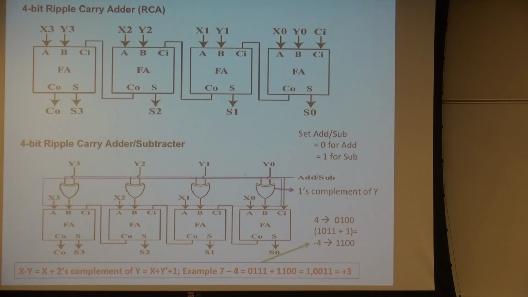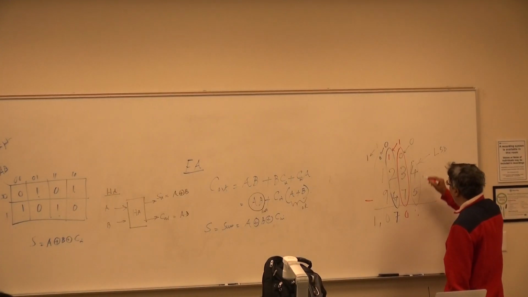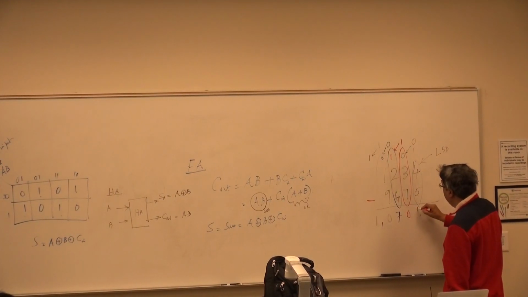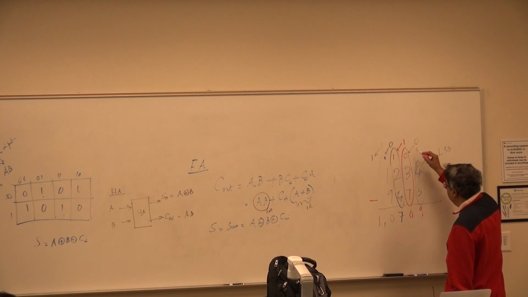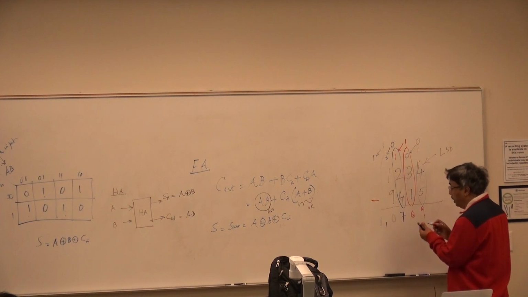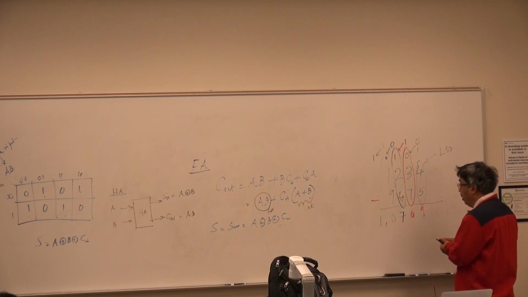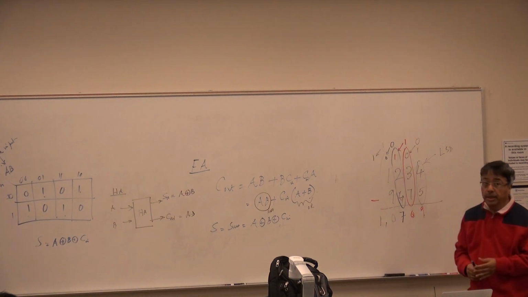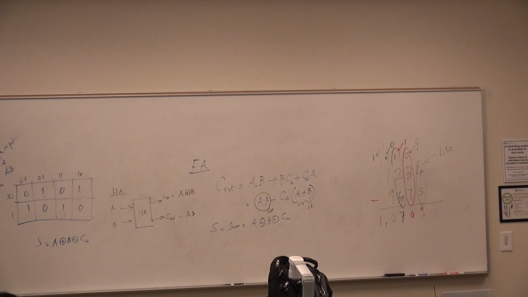If you want to subtract in primary school, then we need to borrow one here and we write over here, and then we find out that this will be again 5. So there is a notion of borrow in and borrow out in subtraction the way we learn.